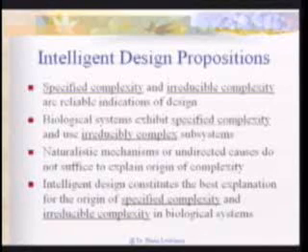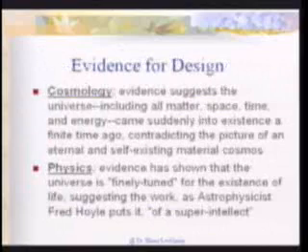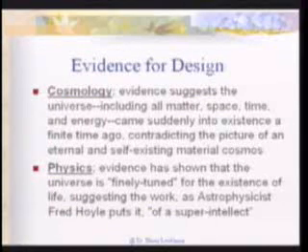Naturalistic mechanisms or undirected causes do not suffice to explain the origin of complexity as we see in life today. Intelligent design constitutes the best explanation for the origin of specified complexity and irreducible complexity in biological systems.